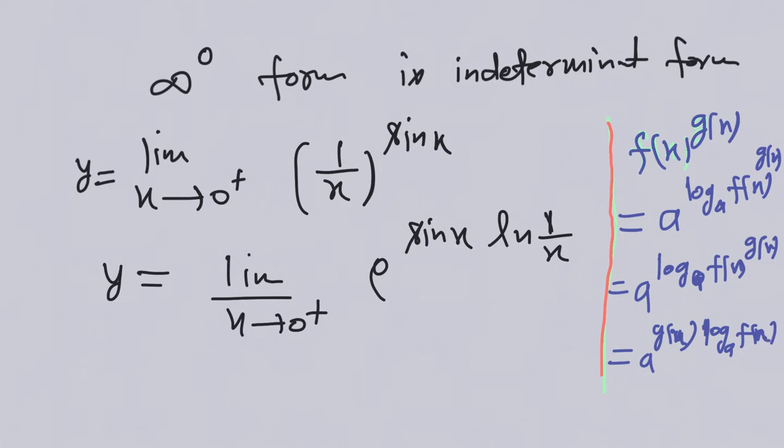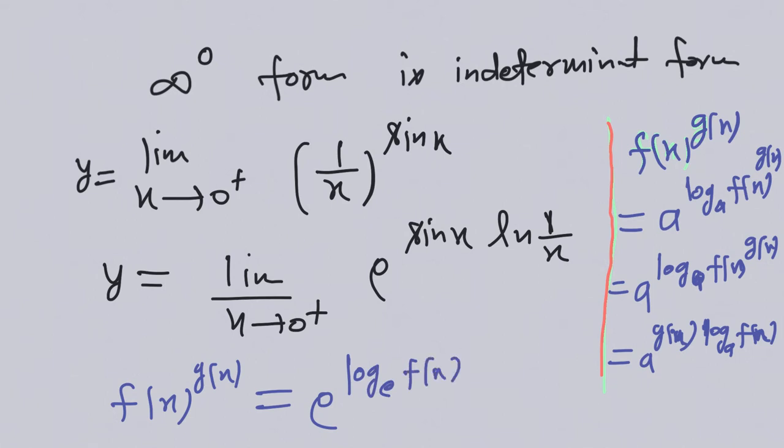Need to remember this property. So f(x) to the power g(x) is always equal to e to the power log base e of f(x) to the power g(x), and we can convert this into e to the power g(x) log f(x) to the base e.